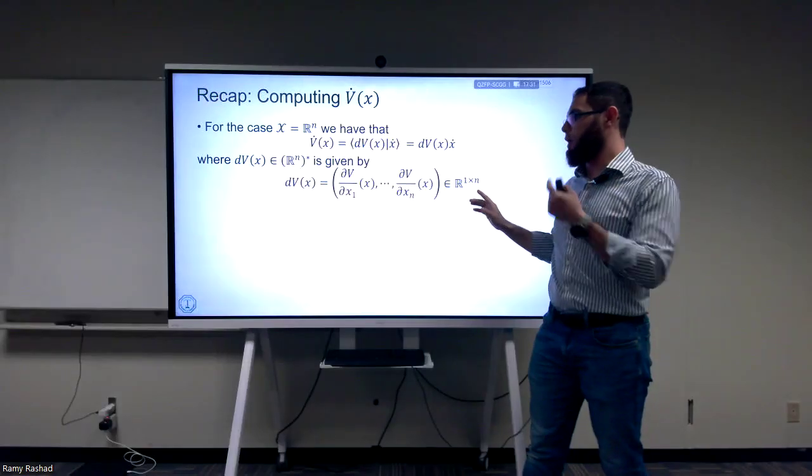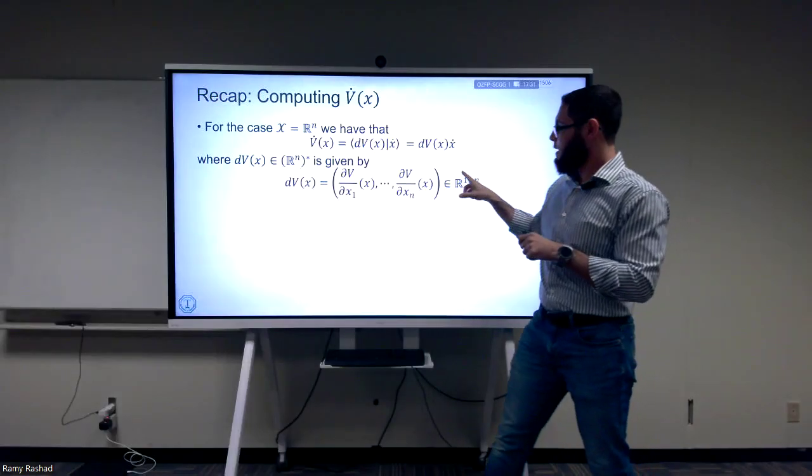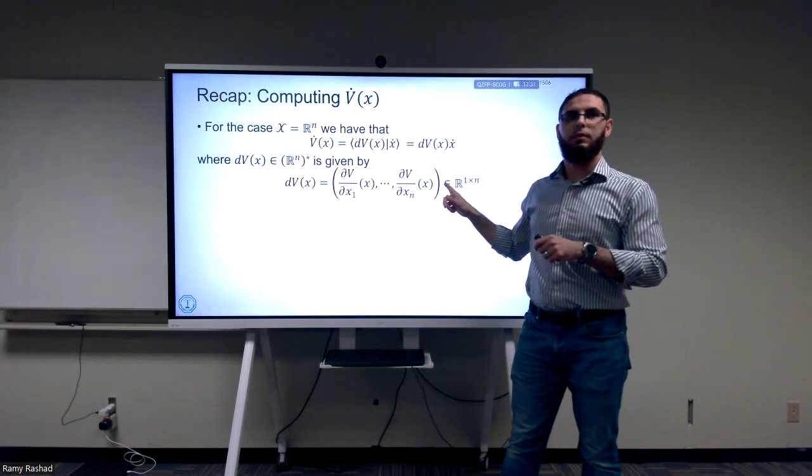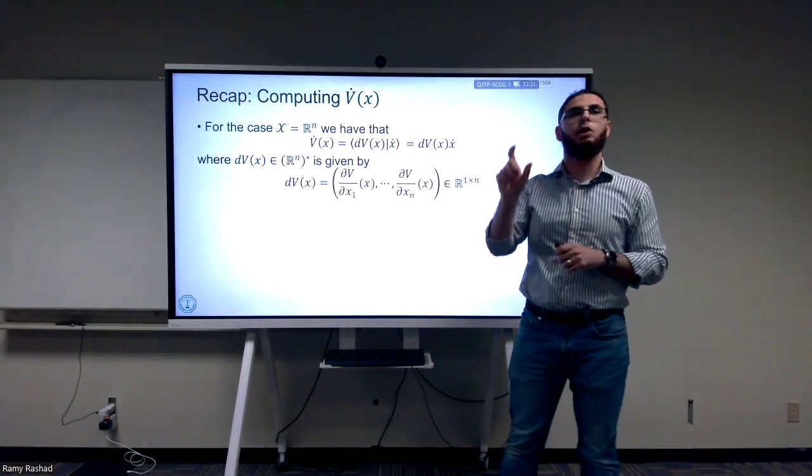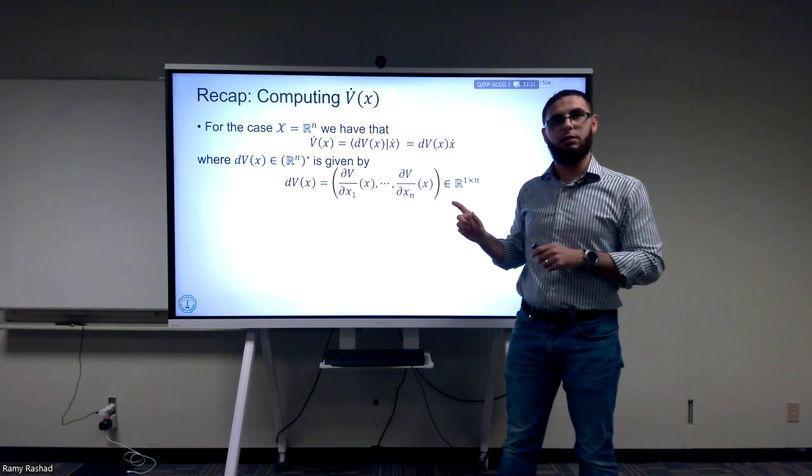Okay, I think I see what you mean. This is the covector. You still need to multiply it by an n by 1 vector to get this number you're talking about. Is that your question?